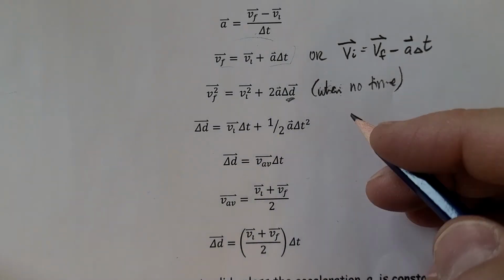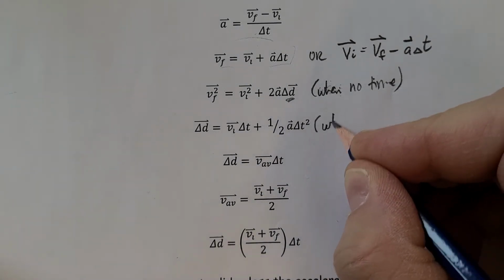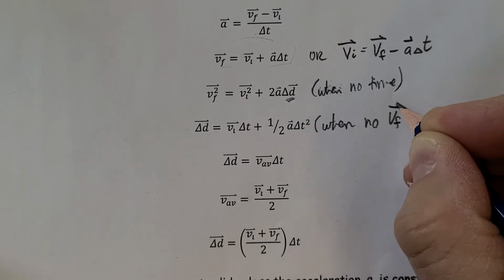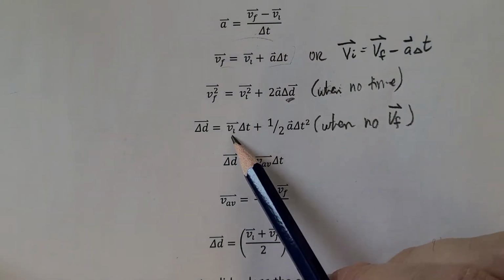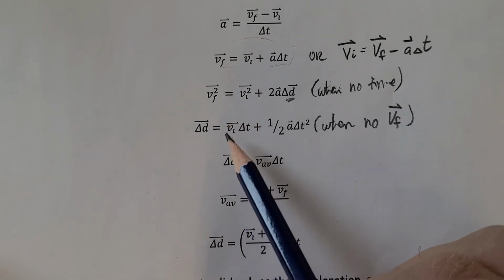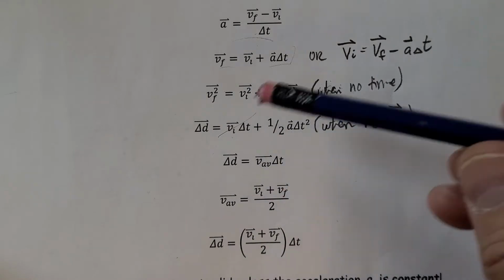And this one here, when we don't know V final, this is a good one to use. It involves V initial and acceleration and the time, and quite often your initial velocity is 0, so this part of the equation disappears.